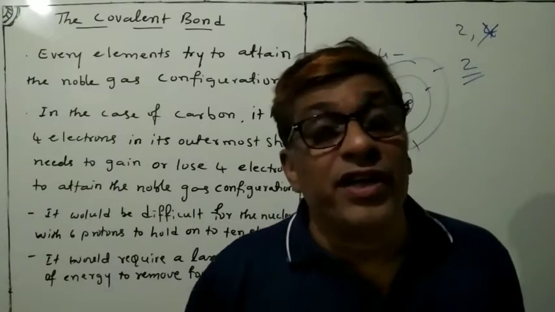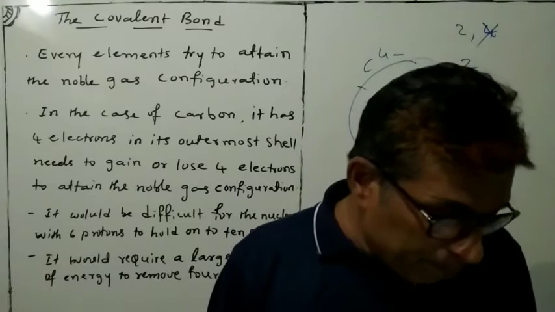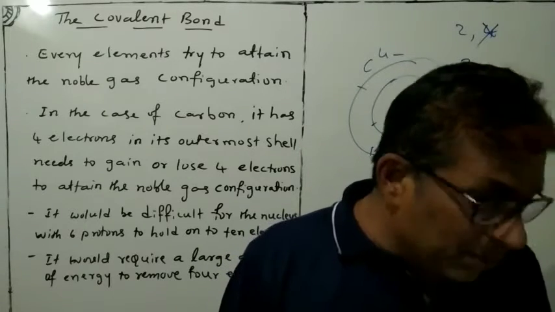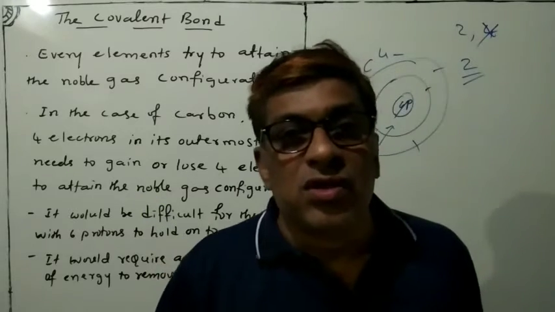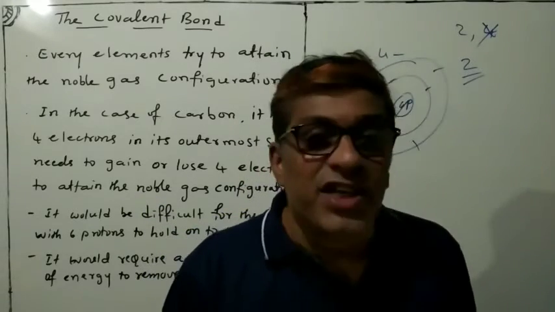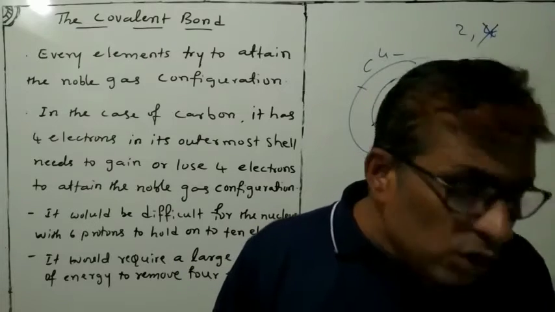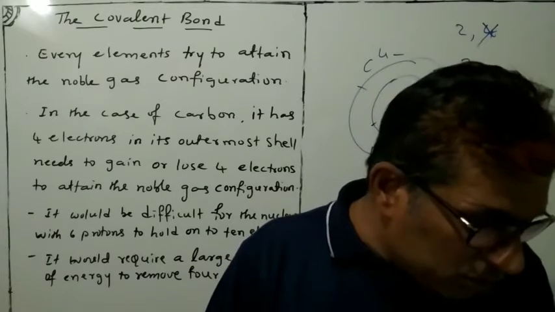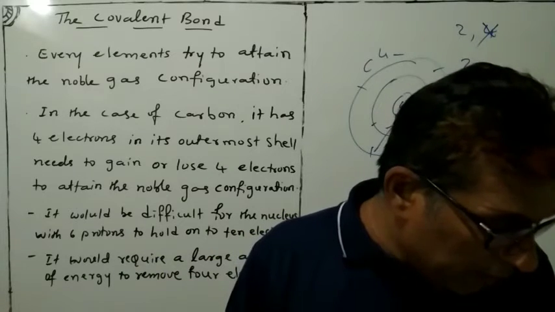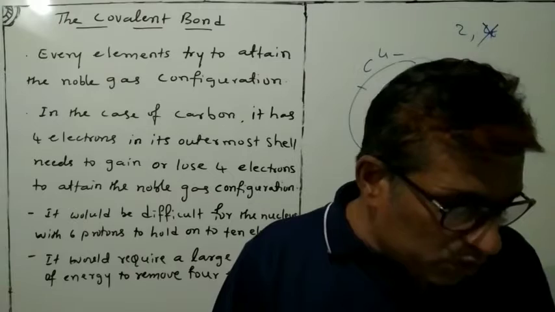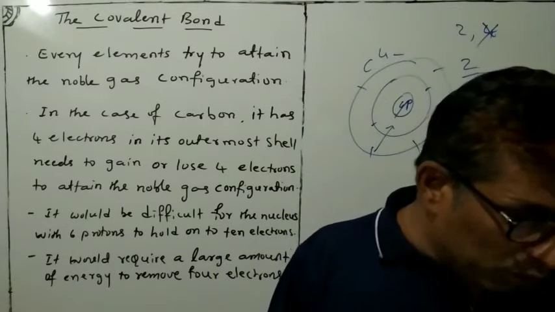This is what we call the covalent bond, a shared pair of electrons. Not just carbon, many other elements also form molecules by sharing electrons in this manner. The shared electrons belonging to the outermost shells of both atoms lead to both atoms attaining noble gas configurations.